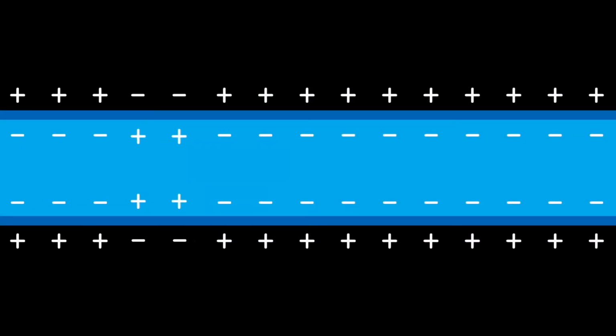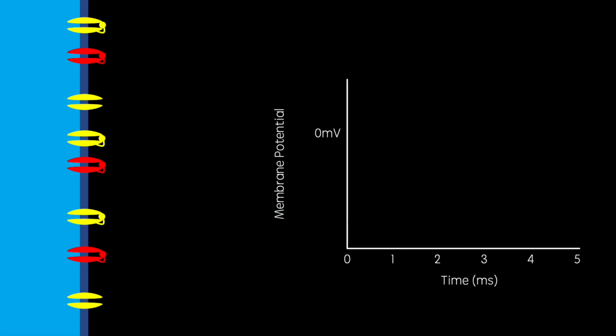When an action potential is propagated, however, each part of the axon membrane becomes temporarily depolarized, meaning the inside of the cell becomes more positive than the outside. So how does this occur? The 3 ion channels responsible for this are sodium channels, voltage-gated sodium channels, and voltage-gated potassium channels.